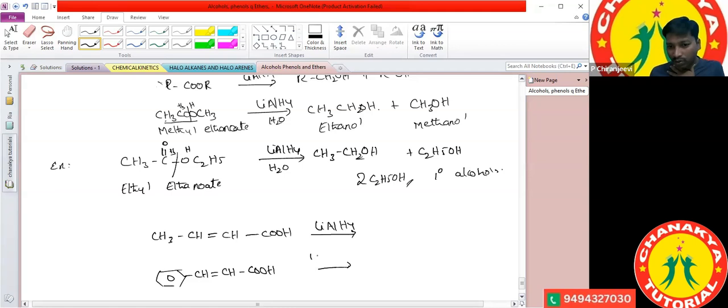So what is the product for the first one, and what is the product for the second one? Any guess? If any one of you tells, I'll write the answer.